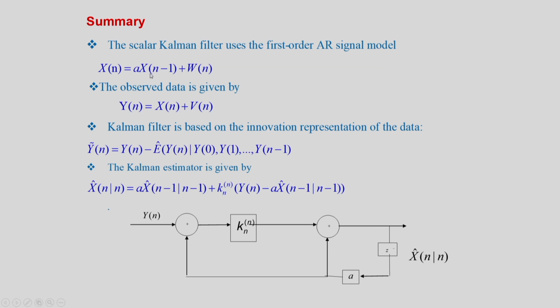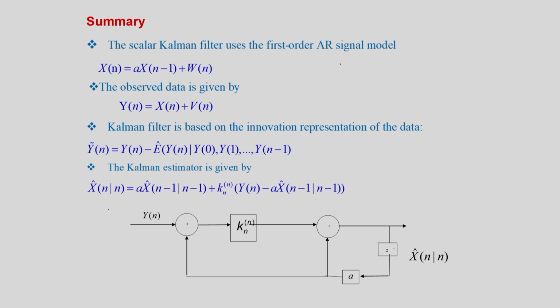Let us summarize the lecture. The scalar Kalman filter uses the first order AR signal model, it is also known as Markov model. Xn is equal to A times Xn minus 1 plus Wn, and under non-stationarity condition this A will be replaced by An.